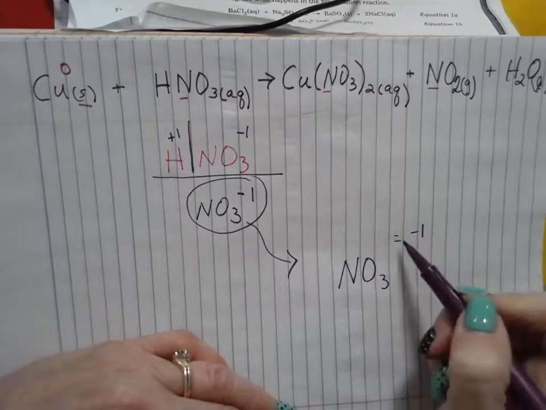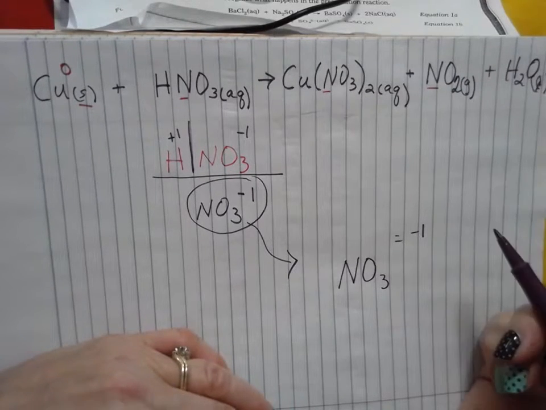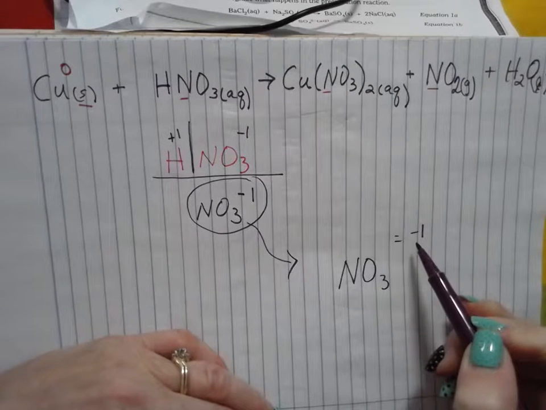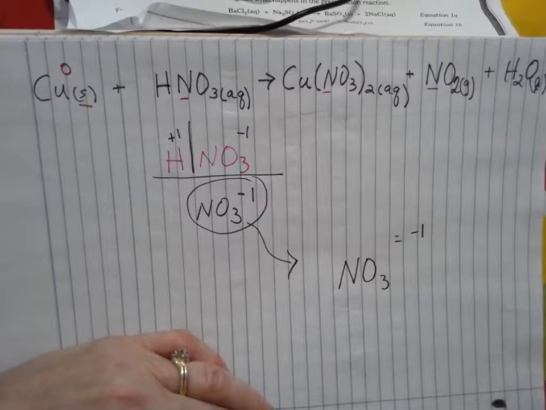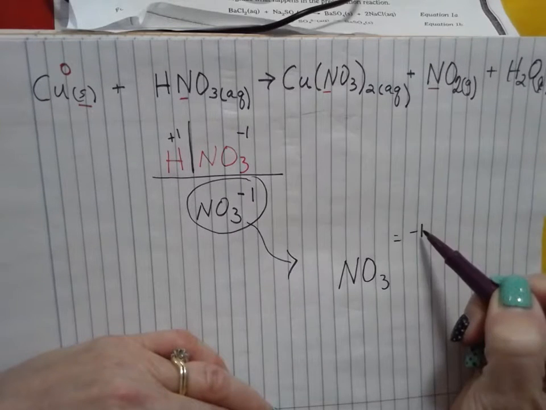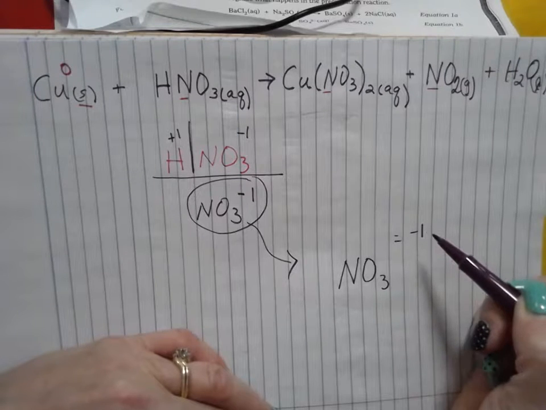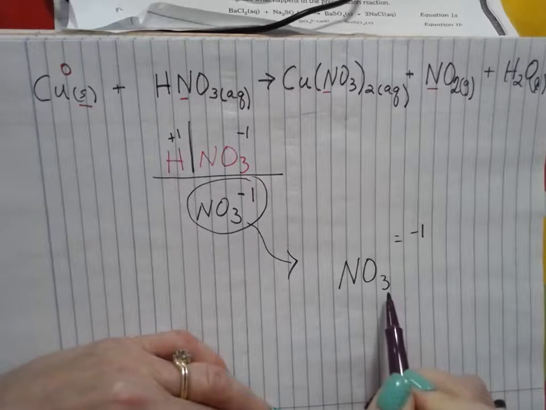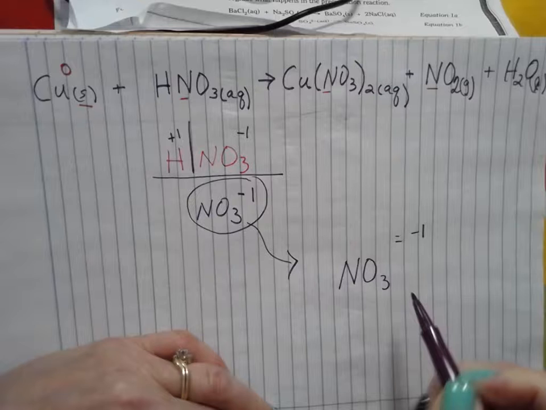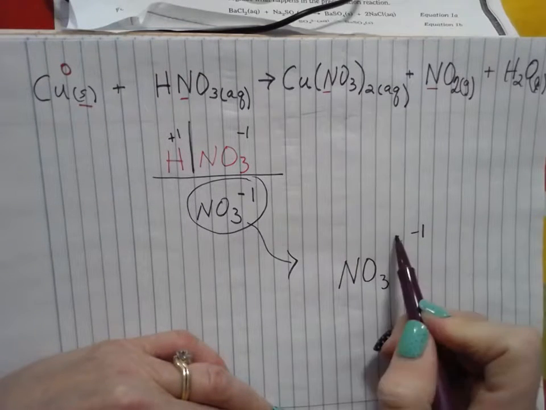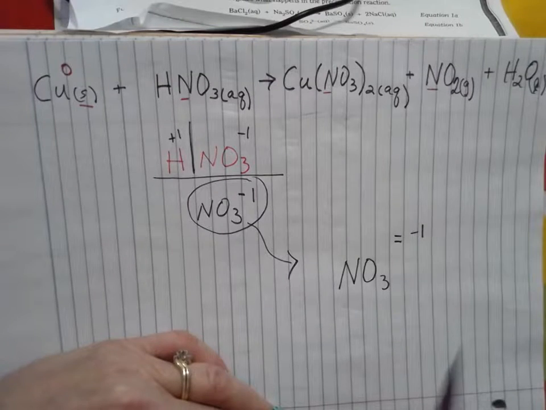When we did compounds or molecules, the overall charge is 0 for a compound or molecule. But this is not a compound or a molecule, it is an ion, a polyatomic ion. So its overall charge has to equal -1.